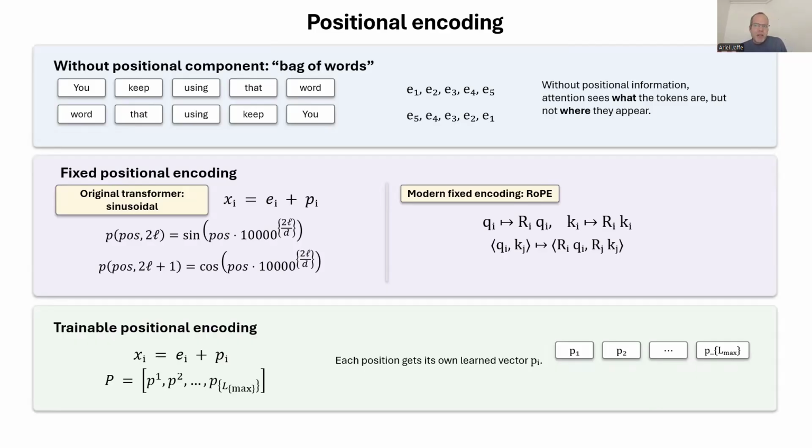So I have a matrix of size D, the token dimension, by L max, and this is a trainable component. So I can obtain something more flexible that might be more meaningful in how it represents a position in a sentence, in an image, and so on.